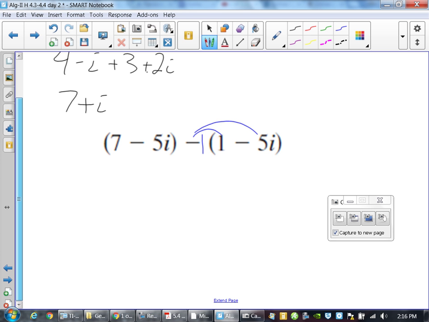That's the only thing you have to worry about. It's the same thing as the associative property with addition and subtraction. So you get 7 minus 5i minus 1 plus 5i. 6. That's it. That's all we're worried about, guys.